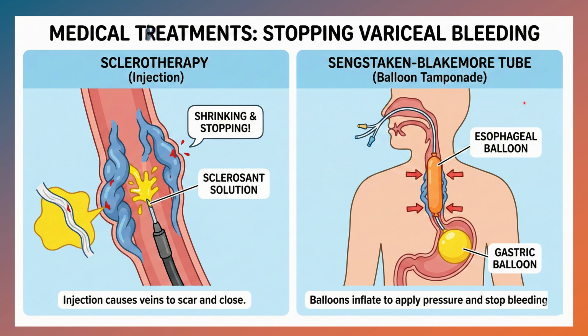You will find some in crash carts in the ER. The Sengstaken-Blakemore tube, a tube inserted into the stomach and esophagus to stop bleeding from varices by applying pressure, balloon tamponade. So the balloon device is to control esophageal variceal bleeding.